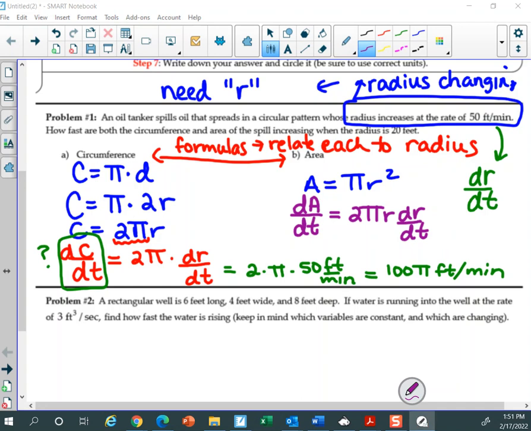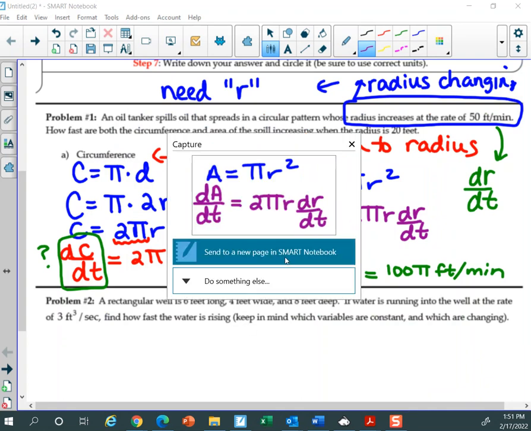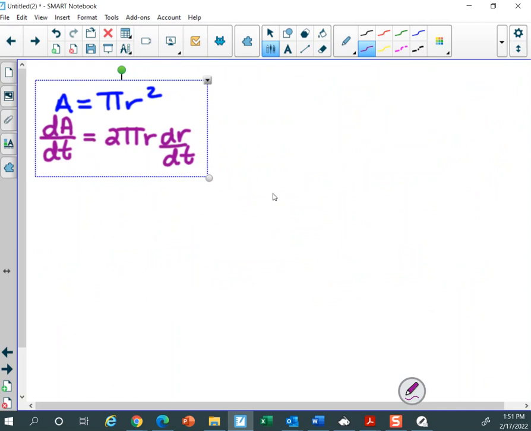All right, so if I'm going to finish this problem, just kind of grab this and throw it to a new page. So if I'm going to finish solving this problem, I want to find how the area is changing.